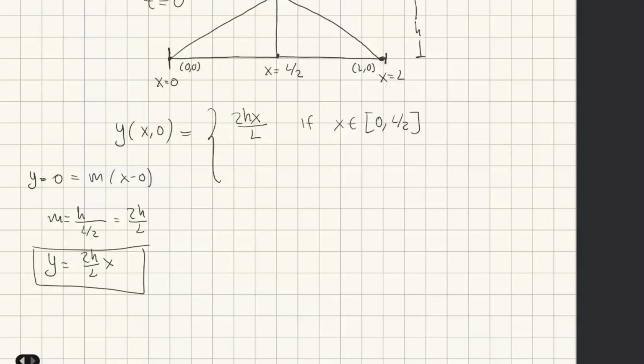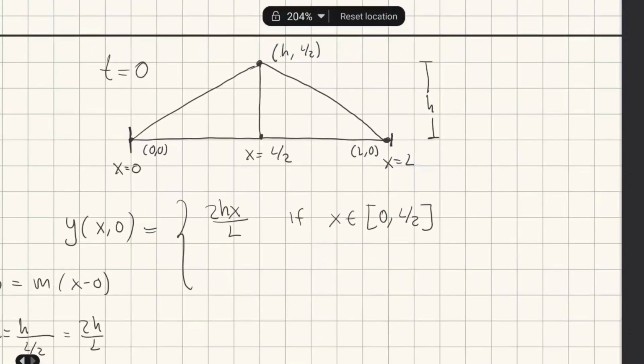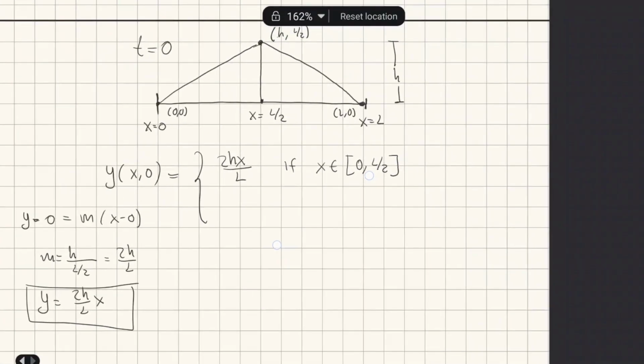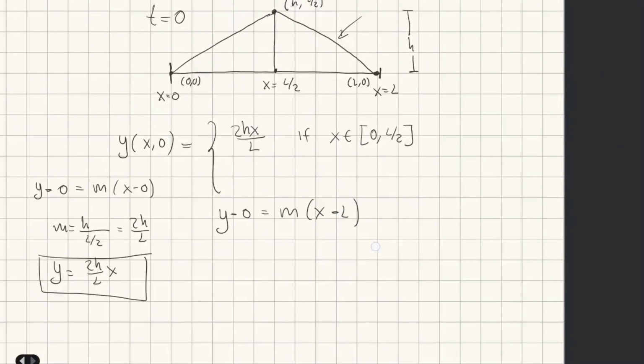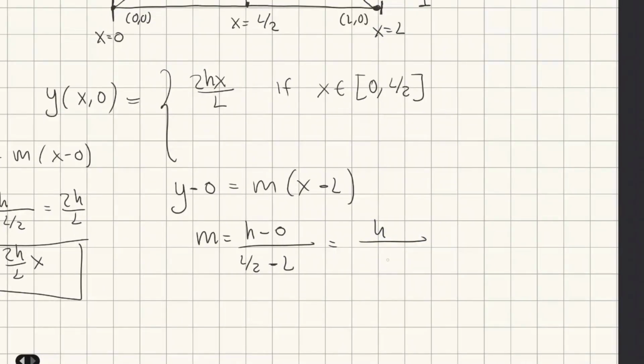Okay, perfect. And then how are we going to find the other equation? We will have that y minus 0 is equal to the slope of this line times x minus L, right? So from here we have that m is equal to h minus 0, and then L divided by 2 minus L. So we have h divided by minus L divided by 2, and this is equal to negative 2h divided by L. Perfect.